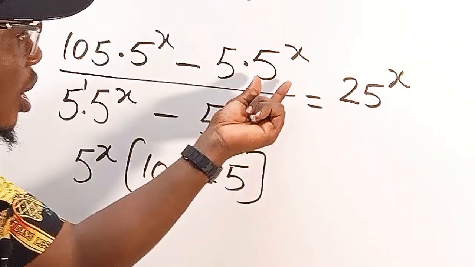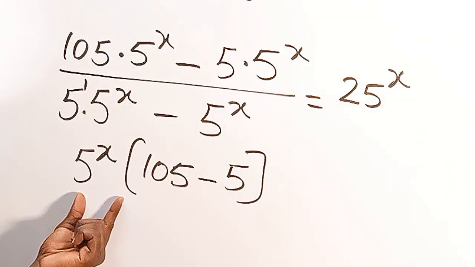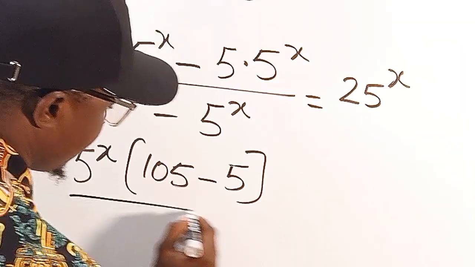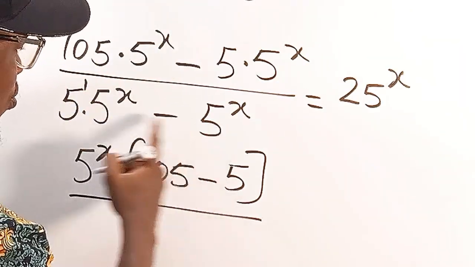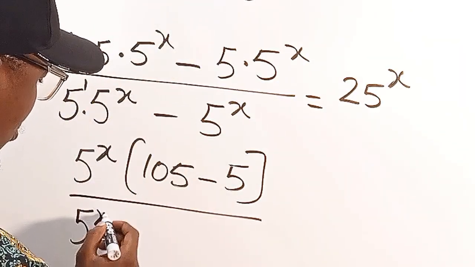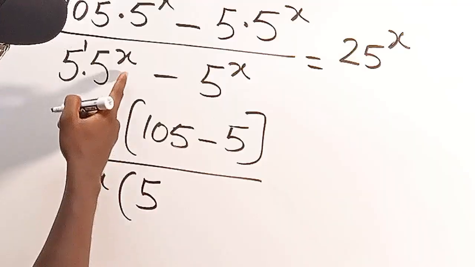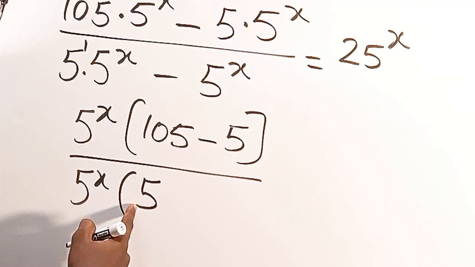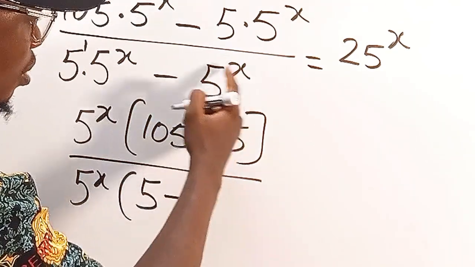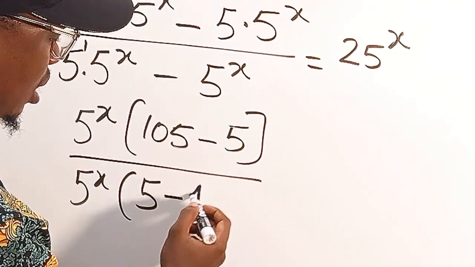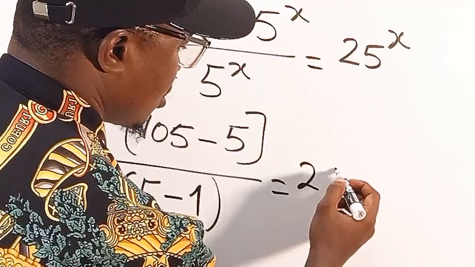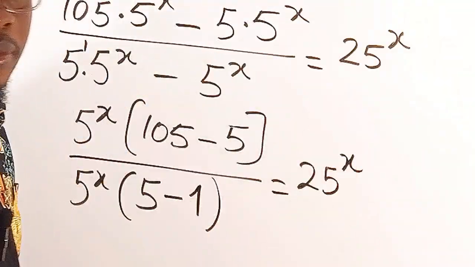That is, if you factor out 5 to the power of x, this is what I'm going to have. Then divided by, here also, I can factor out 5 to the power of x into, we have 1 here. This divided by this will give me 5. Then minus 5 to the power of x divided by this, we're going to have 1. And everything, 25 to the power of x.